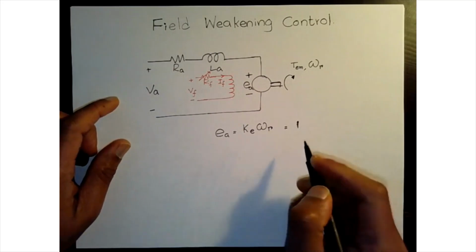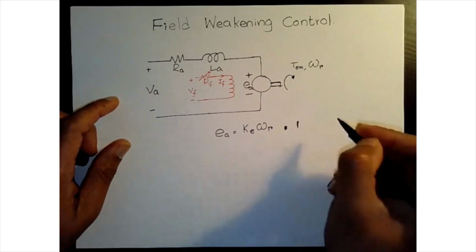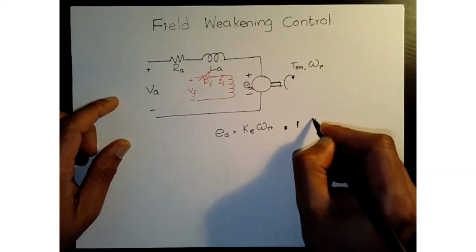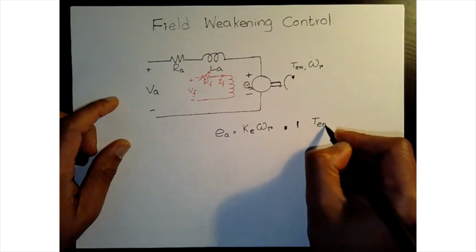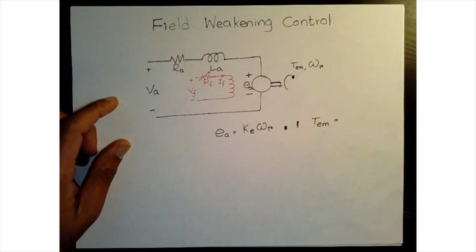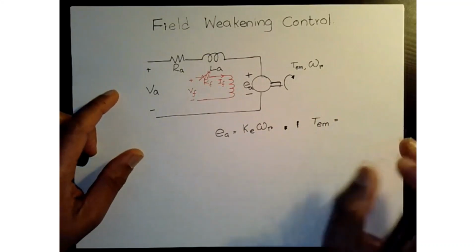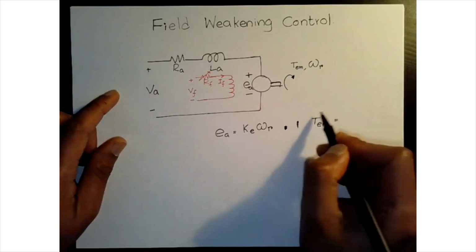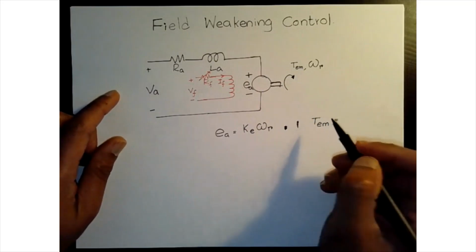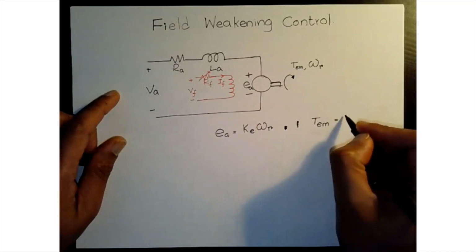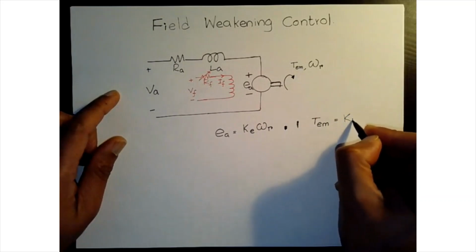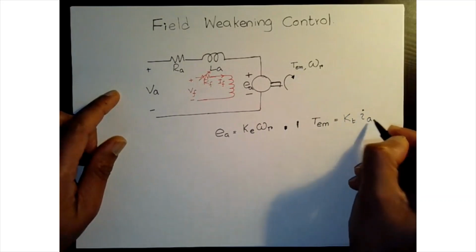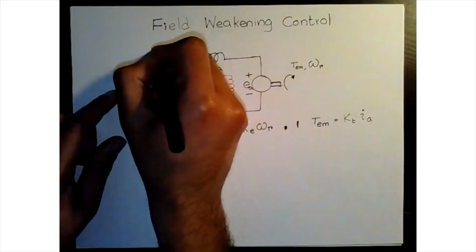And so will our KT, because KT is also flux based. So if we go back to those basics that we looked at with that one loop DC motor, electromagnetic torque is a function of flux. So TEM is equal to KT times the armature current, IA.